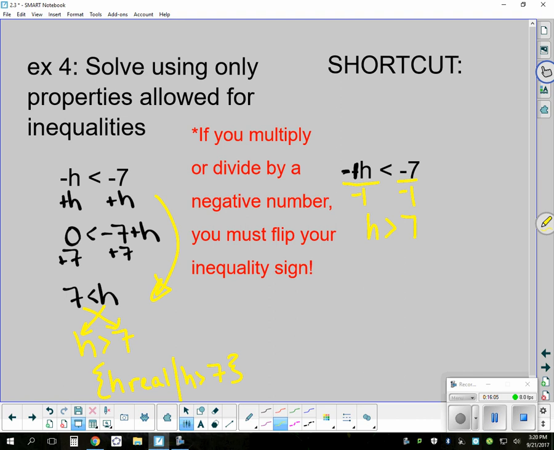And we get h and we get 7. And take a look at that. It's the same thing we got over here. Okay, so that's why you're doing this, because you really could solve it using these other steps where you add that variable to get it on the other side, but then it's on the other side of your inequality symbol. So if you're taking the shortcut, you would just need to flip it around.